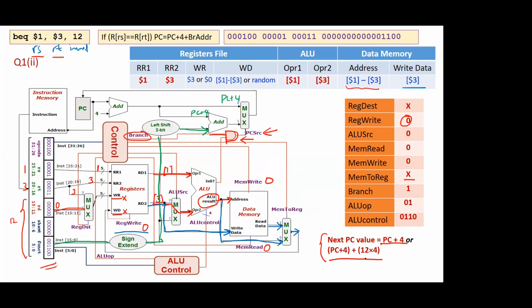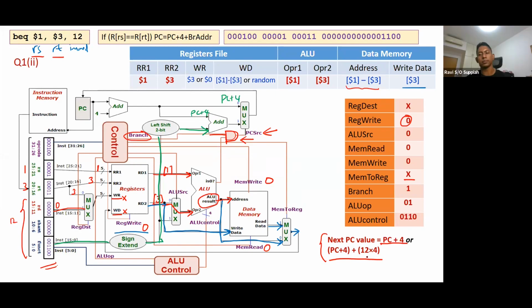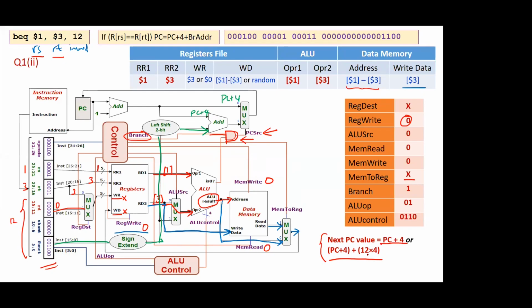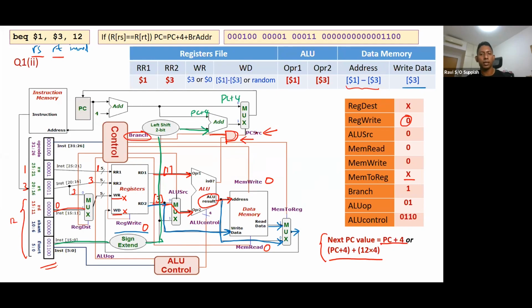In this case, if both RS and RT are the same, then PC source will be 1, right? Yes. Then we advance to 12 times 4 plus PC plus 4. So if the branch is to be taken, the branch address is what goes through. If the branch is not taken, then PC plus 4 goes through.